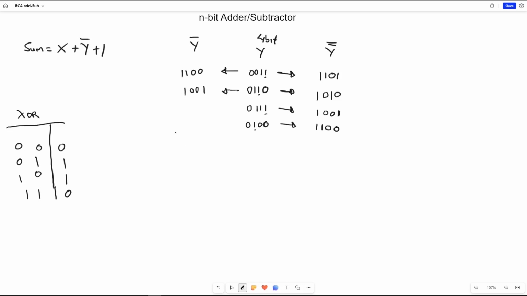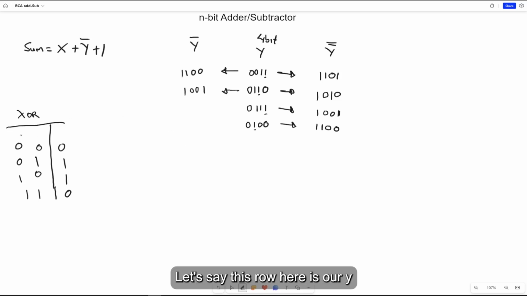Now let's say this row here is our Y, and this row we name as input. This we call the controller.